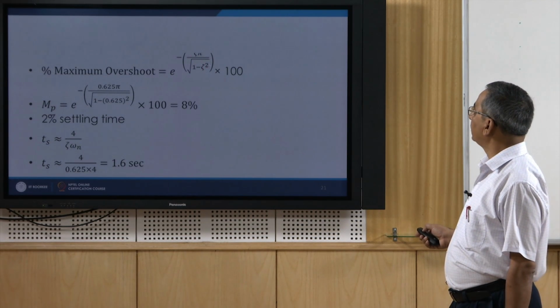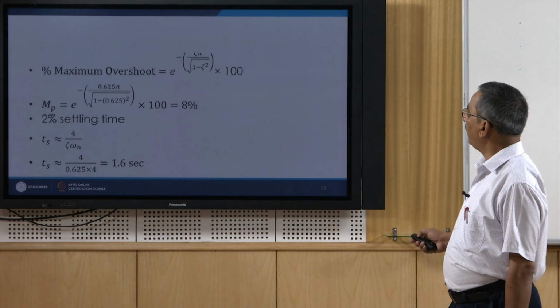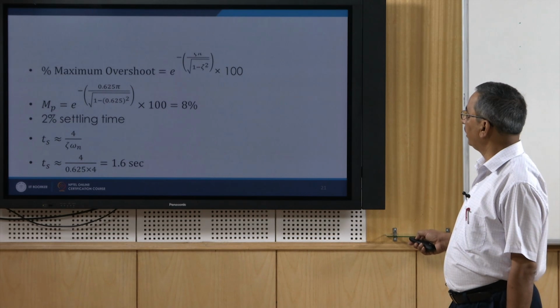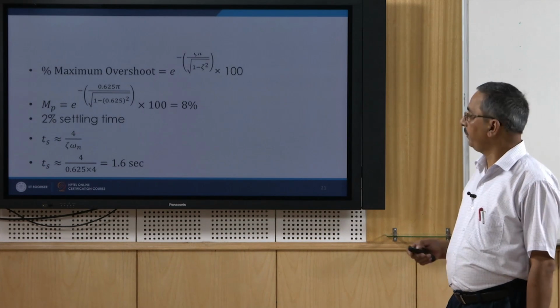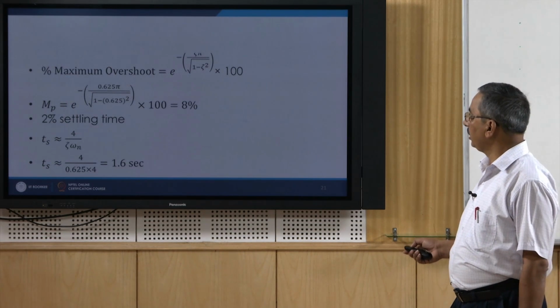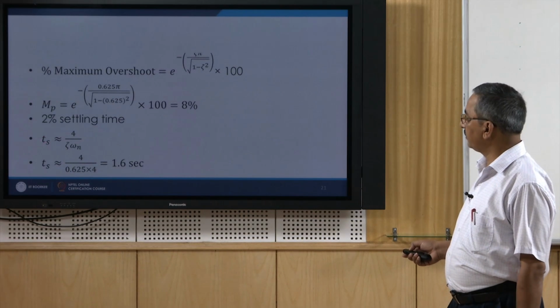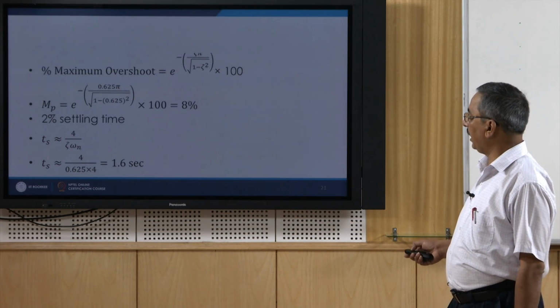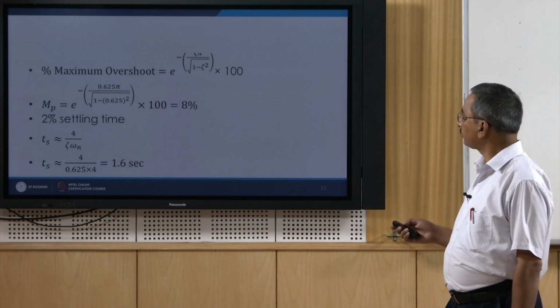I can find out the maximum percentage overshoot here by substituting the value of zeta, that is the damping ratio, and I get this value as, say, 8%. Then I can find out the 2% settling time, and that we have seen is 4 by zeta omega n, and this is, say, 1.6 second.